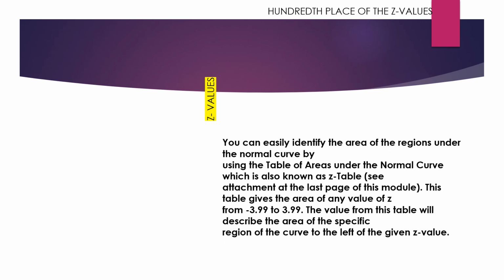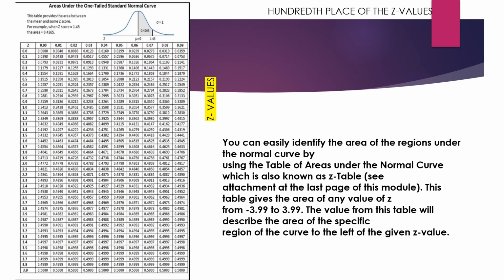You can easily identify the area of the regions under the normal curve by using the table of areas under the normal curve, which is also known as the z-table. This table gives the area of any value of z from negative 3.99 to positive 3.99.